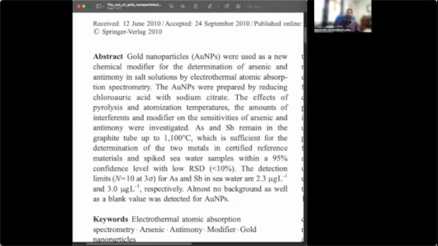The gold nanoparticles were prepared by reducing chloroauric acid with sodium citrate. The effects of the pyrolysis and atomization temperatures, the amounts of the interference and modifier on the sensitivities of arsenic and antimony were investigated.